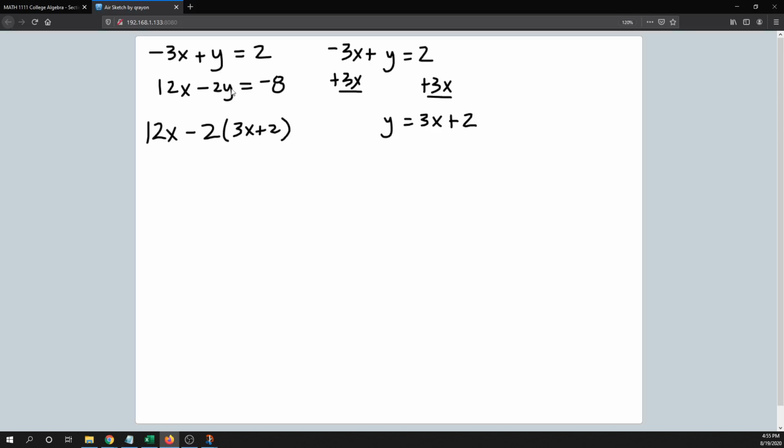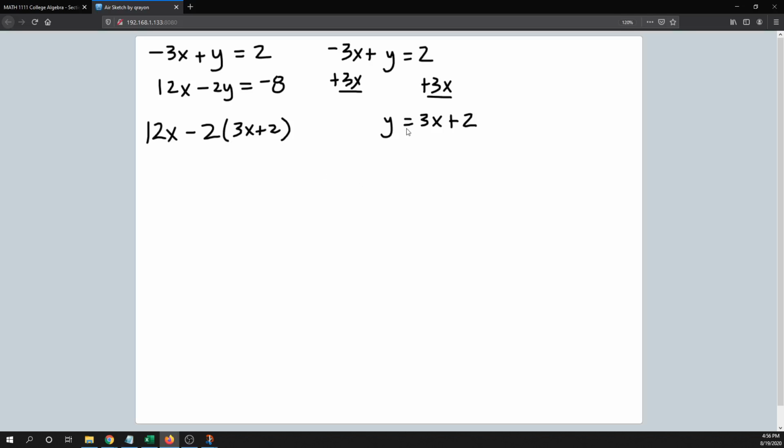Right where that y is, I'm going to substitute 3x plus 2. If this one were just plus y like this one, you wouldn't have to worry about the parentheses. But because this is a minus 2, you do.